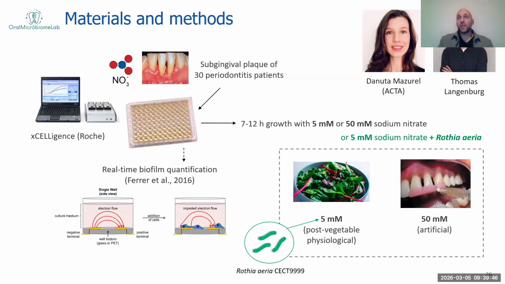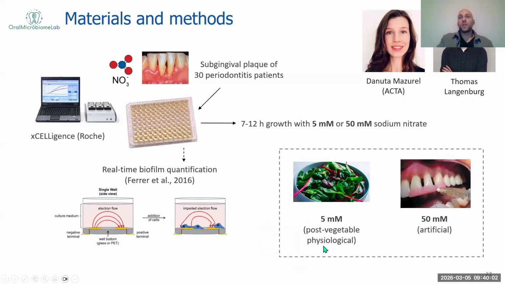We also added a third treatment condition, which was combining the low nitrate concentration with a probiotic candidate. This was Rothia aeria, and I will get back to that later, but first we're going to focus on just the low nitrate and the high nitrate concentration.